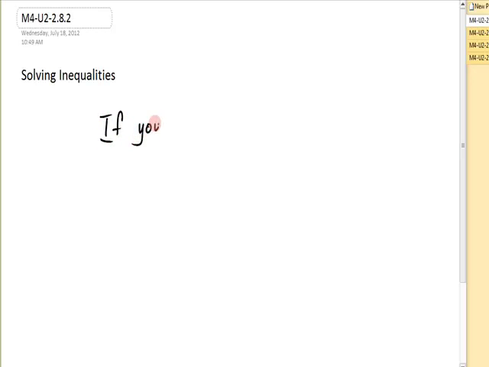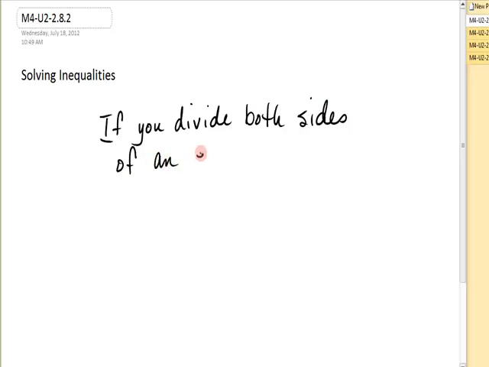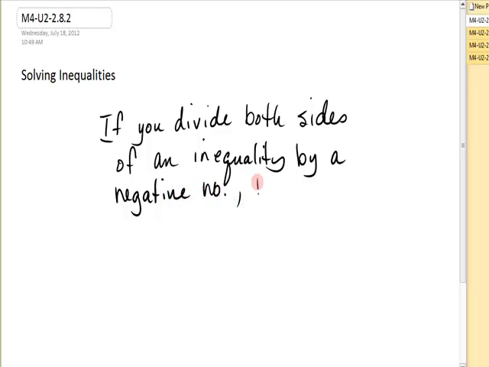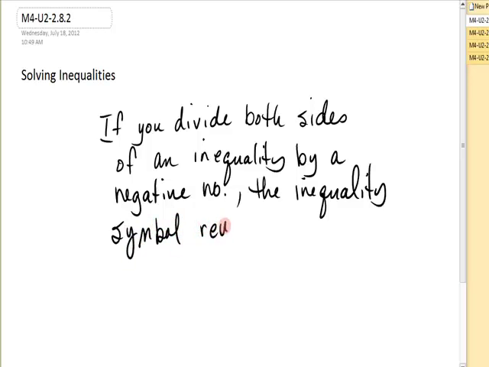if you divide both sides of an inequality by a negative number, the inequality symbol reverses.